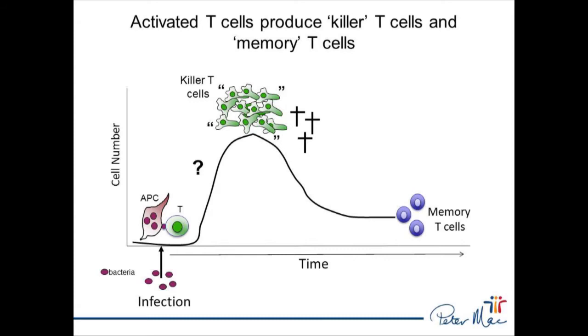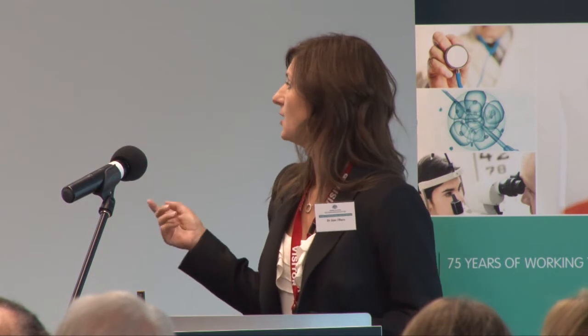These memory cells are poised to mount a very fast, rapid immune response following second challenge with this particular bacteria. So although a lot is known about memory cells and the characteristics of these cells, and indeed killer cells, how they arise from a single naive T cell is still not very clear.